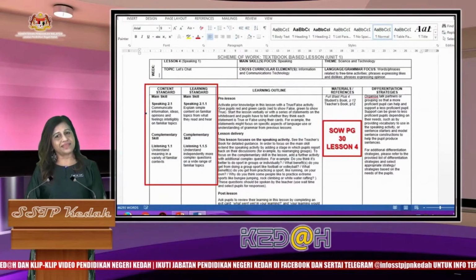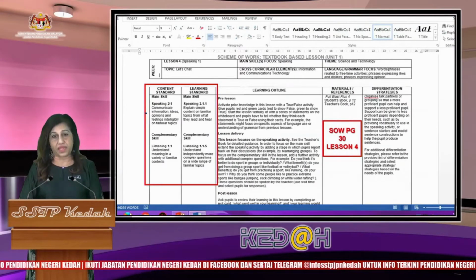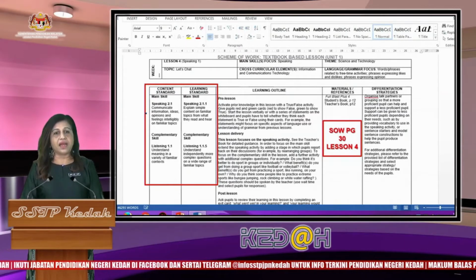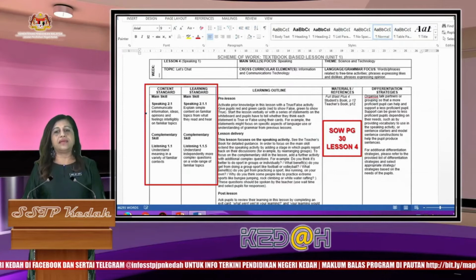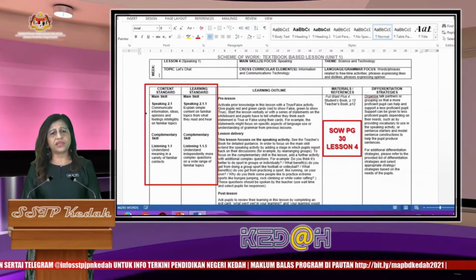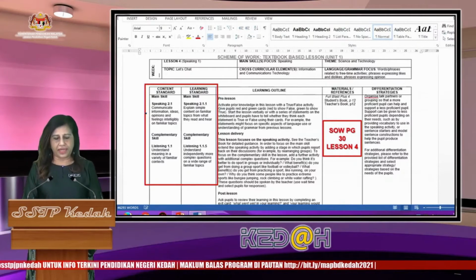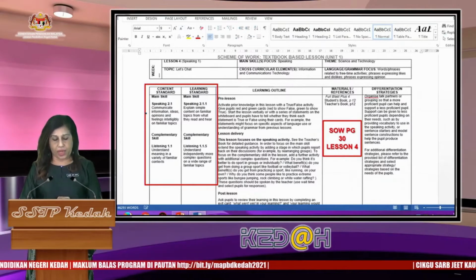Now, what is this? Well, this is a scheme of work, which I'm sure everyone is familiar with. And the scheme of work is done in detail. Now, let's look at the scheme of work. There is content standard, learning standard, learning outline, material reference, and differentiation strategies. Well, what is content standard, teachers? Content standard focuses on the aspect of knowledge, whereas learning standard focuses on the skills the pupils need to achieve and acquire.